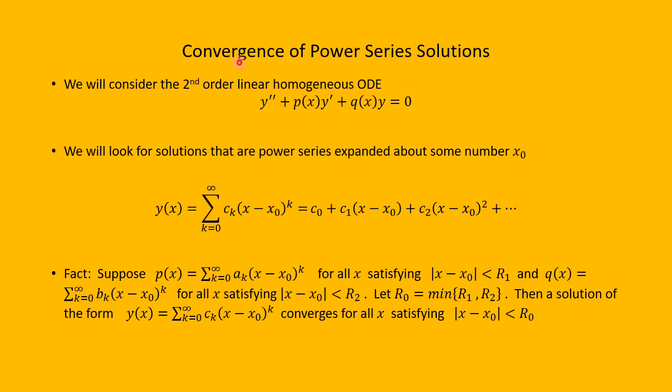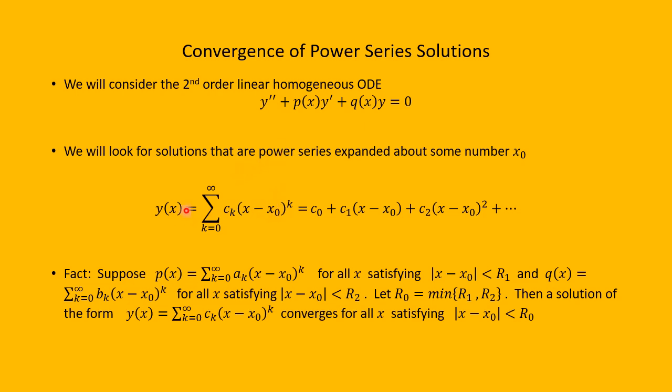So we're going to look at convergence of power series solutions. We consider this second order linear homogeneous differential equation, homogeneous since we have 0 on the right, and we look for solutions that are power series centered at x naught.